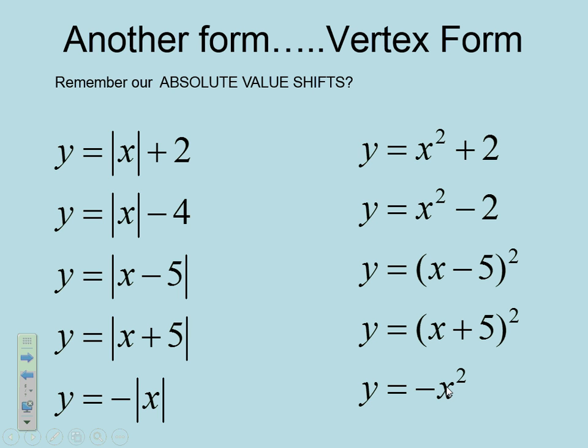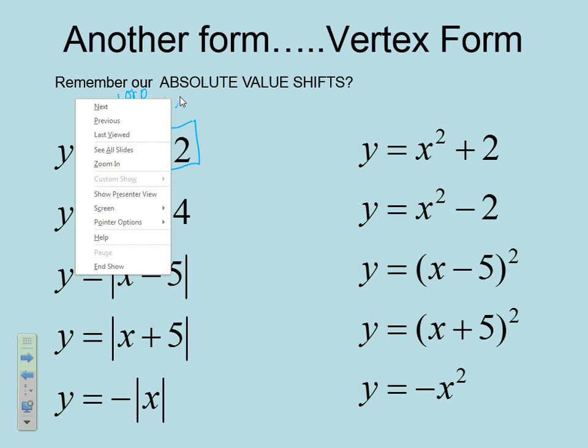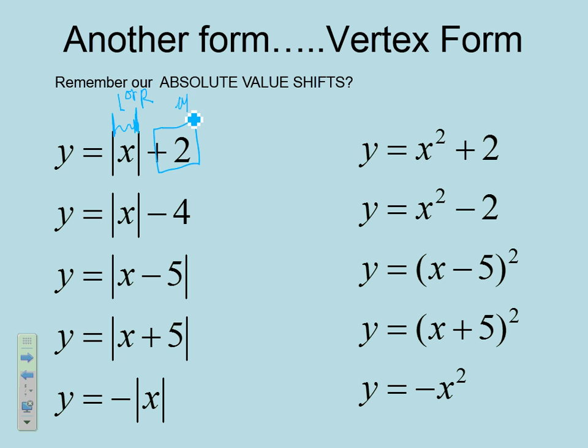Another form, vertex form. Vertex form has to do with the shifting. Remember shifting in absolute values. So we talked about how things would shift. What's inside the absolute value would make it shift left or right. What was outside of the absolute value made it shift up or down.